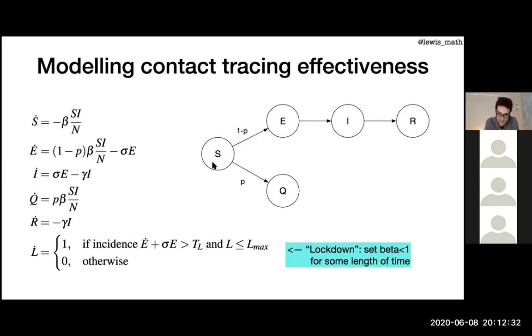And so, like them, we have some sort of branching here from the susceptible class. So you can either not get contact traced, and then you progress to the exposed, infected and recovered classes, or with some probability P, some proportion of susceptibles get funneled into quarantine, and then we don't really care about them anymore in our model because they're not going to infect other people.